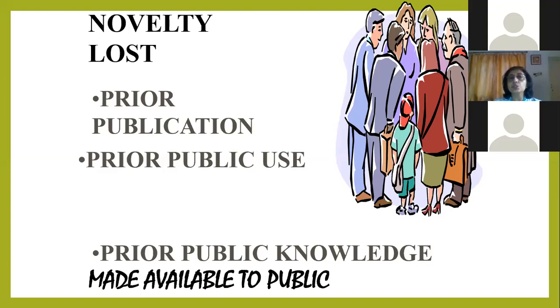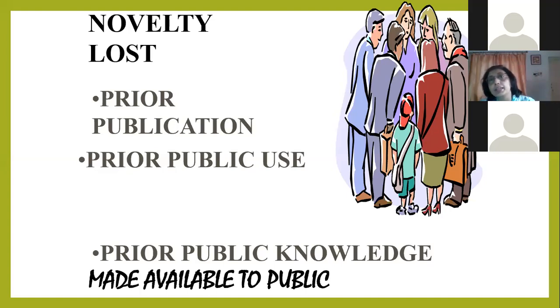Interestingly, it should be made available to the public. So prior publication. Publication could be anything. It could be a photograph. It could be a paper which is publicly available. Now it could be lying in some obscure library somewhere, say in Jordan.